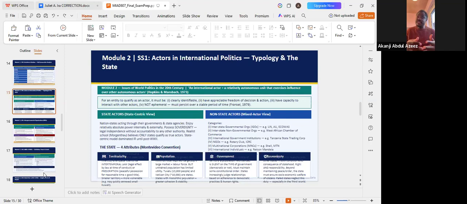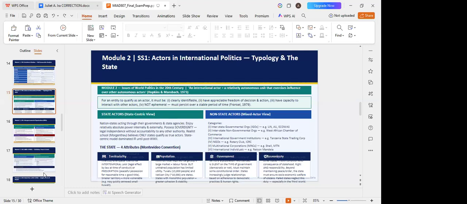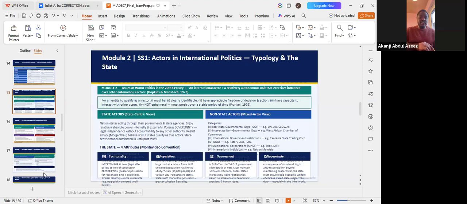You can see from the slide, the four attributes of a state according to the Montevideo Convention: territory, population, government, sovereignty. That is a state actor.